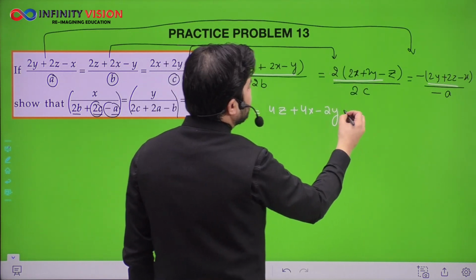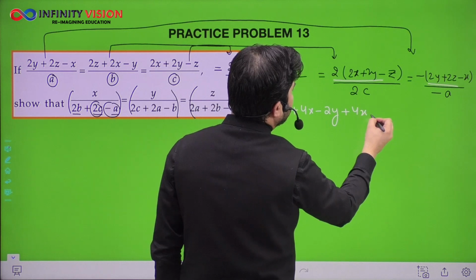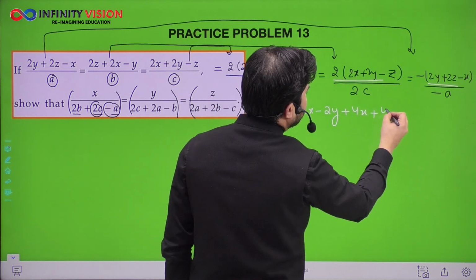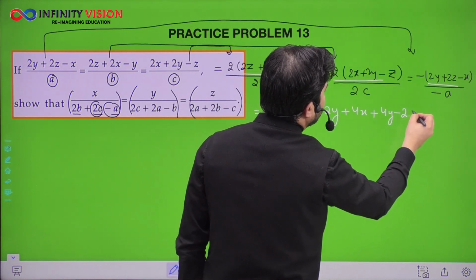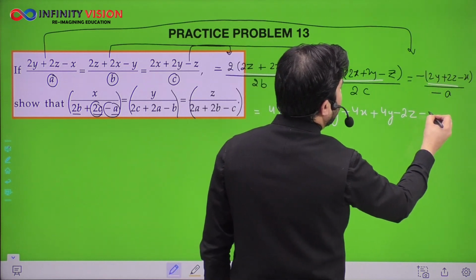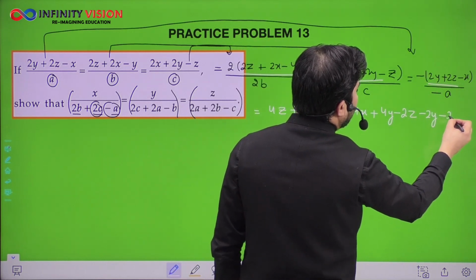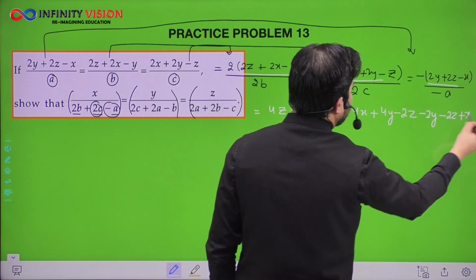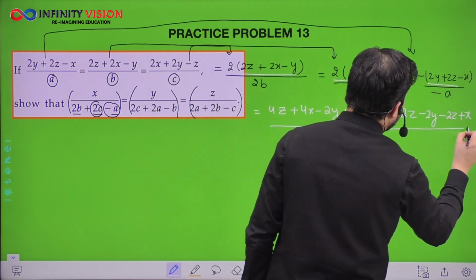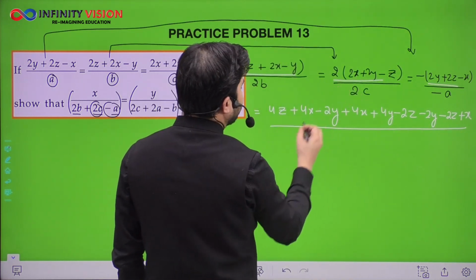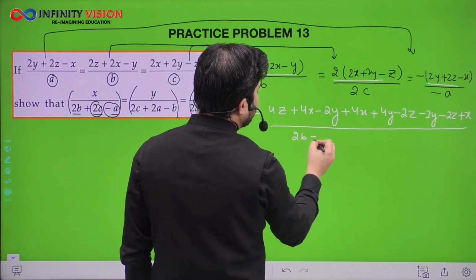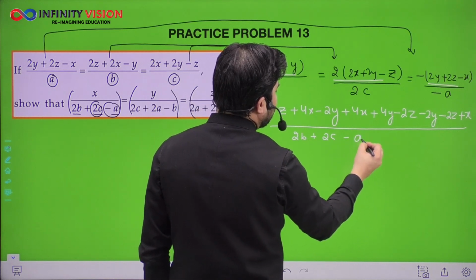And the antecedent of this would be 4x, 2 into 2y, that is 4y, minus 2z, and this would be minus 2y minus 2z plus x. And what about the consequent? The consequent is going to be 2b plus 2c minus a.